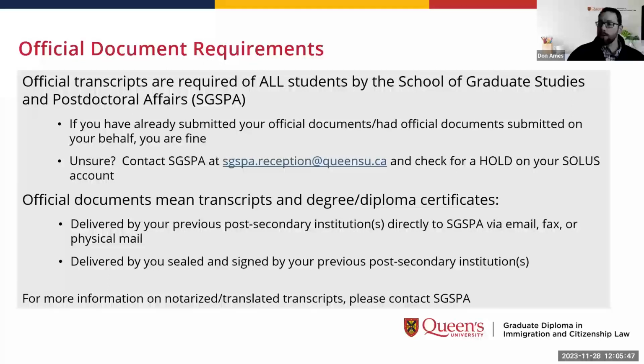So if you haven't already done so with the admissions process, you need to make sure that you have your post-secondary institution submit documents directly to SGSPA's office via email, fax, or physical mail right now.